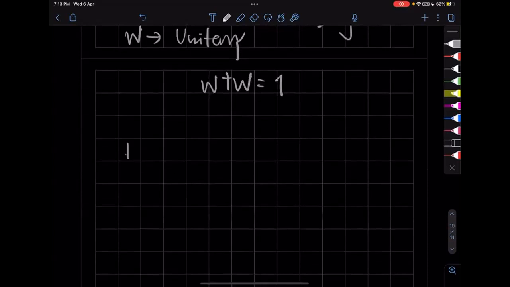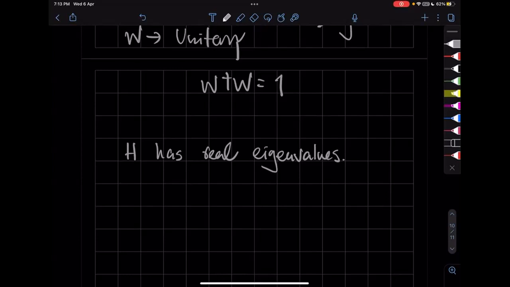So H has real eigenvalues, right? Why does H have real eigenvalues? Because it's Hermitian. Okay, is that something that everyone knows here? Is there someone who doesn't know this and needs to be shown? Okay, you should have learned this either in quantum mechanics or in linear algebra.